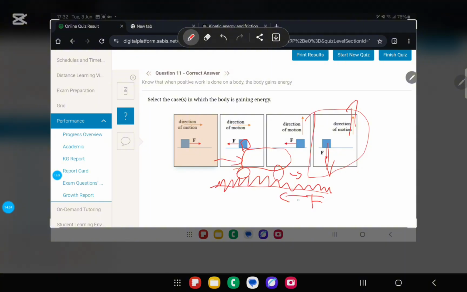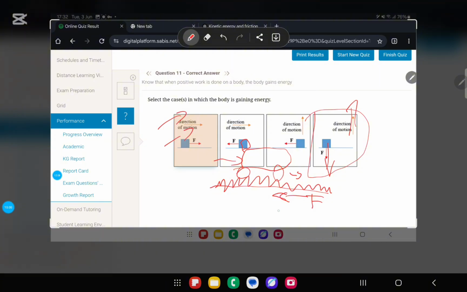So when they ask you whether it's resistive work or motive, motive basically means same direction, not resisting, helping it move. Resistive basically means the force is trying to push it back. Tension, friction, those types of forces are resistive, they try to push back.